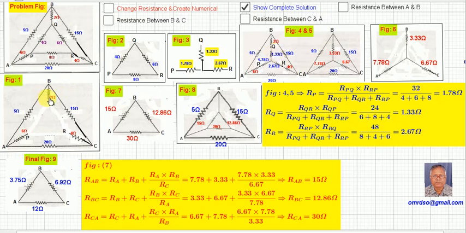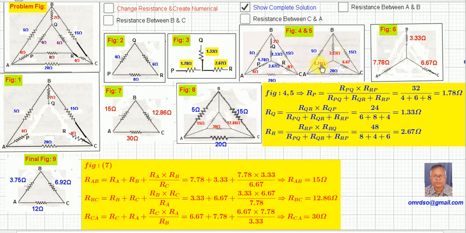Now this 2 ohm and 1.33 are in series. Similarly, this 6 ohm and this 1.78 are in series, and 2.67 and 4 ohm are in series. I solve it, and this has become 3.33 ohm.